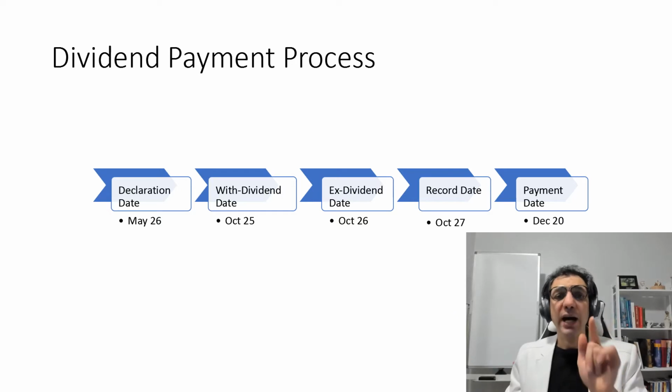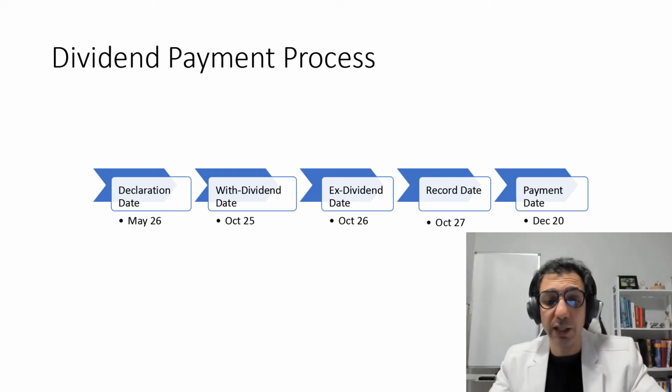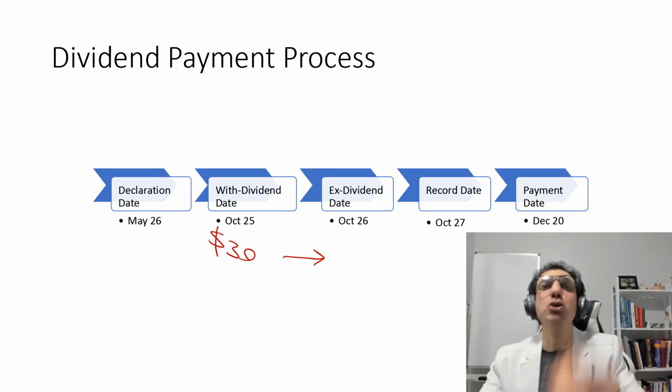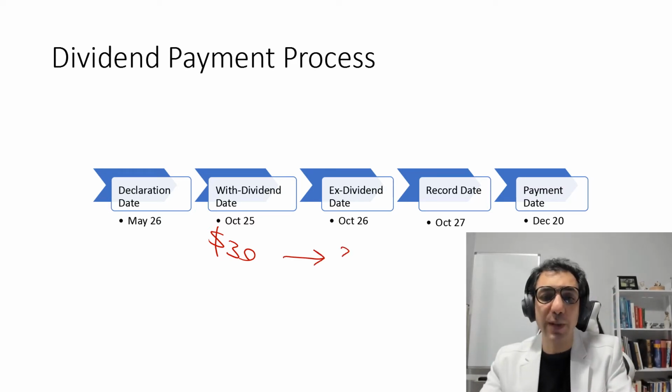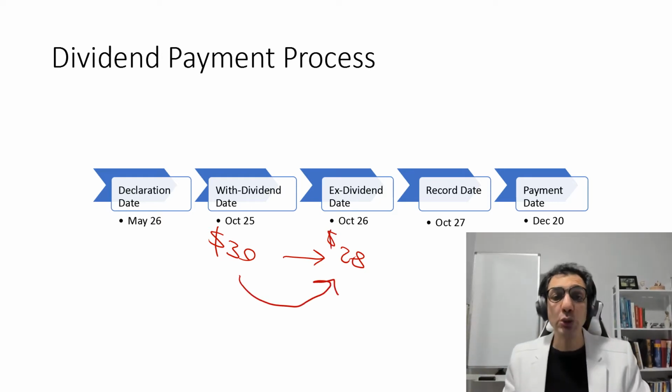So remember, there is a major difference between the with dividend date and the ex-dividend date. If you look at the stock market, you see, for example, the stock price, let's assume, is $30 on October 25th, and the company is paying a $2 dividend. So you expect on October 26th, the stock price to drop by the same dividend amount, which is $2.